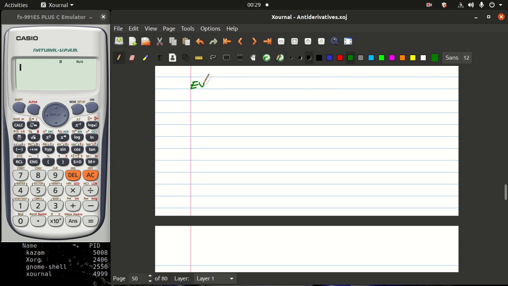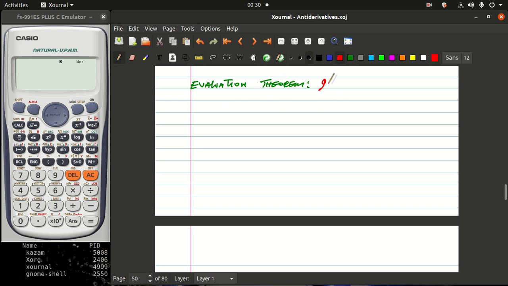Then we also have the evaluation theorem. We have been using this theorem, but now I have to state it here.